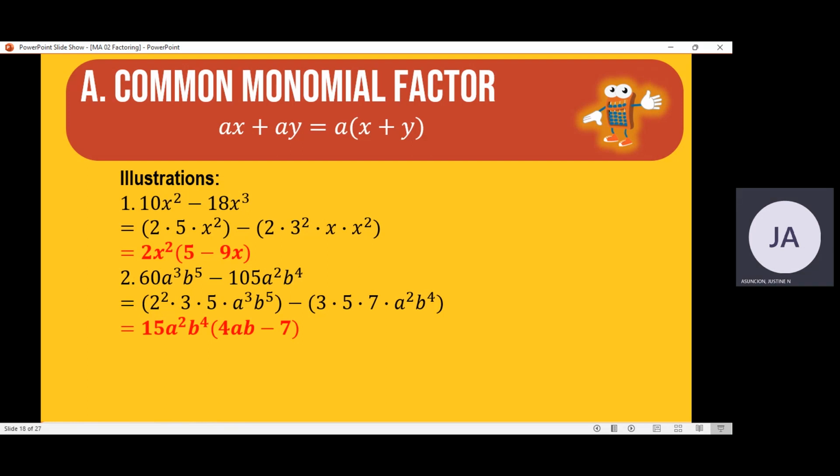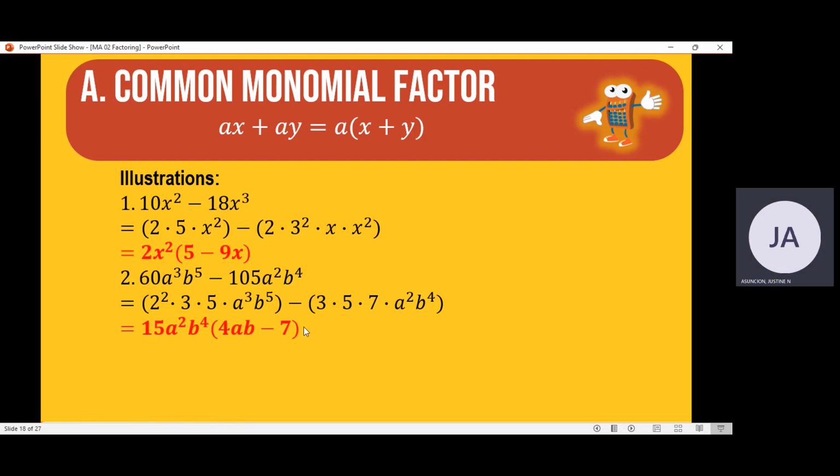Simplifying this, since we have the common monomial factor of 15a squared b raised to 4, dividing it into our first term, we obtain 4ab. And then 105a squared b raised to 4, divided by 15a squared b raised to 4, that's 7.